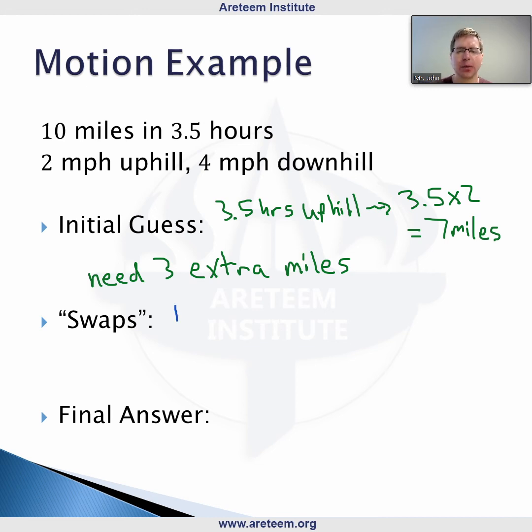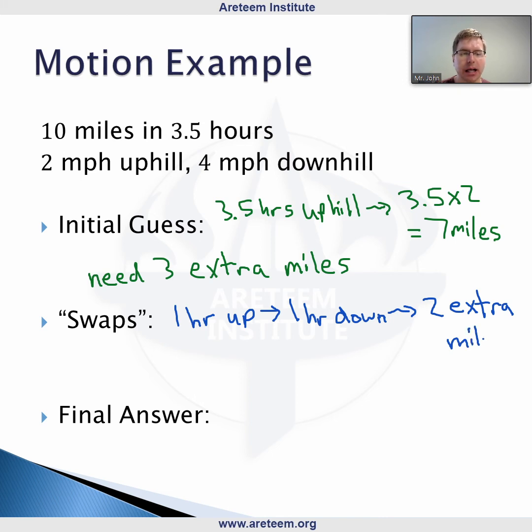What happens if we swap 1 hour of uphill and turn that 1 hour of uphill into 1 hour of downhill? This is a swap that's not changing the number of hours. If we swap an hour of uphill hiking for an hour of downhill hiking, he's still hiking the same number of hours. But since he goes 2 miles per hour faster, this does give us 2 extra miles.